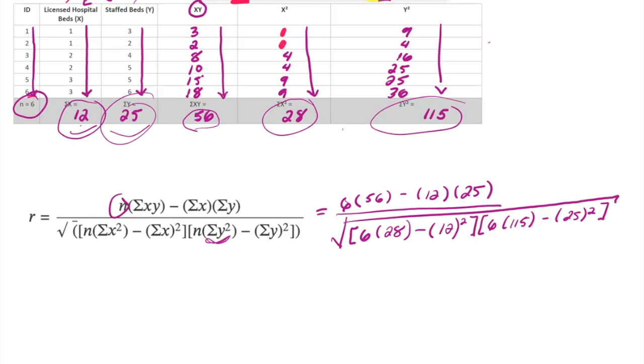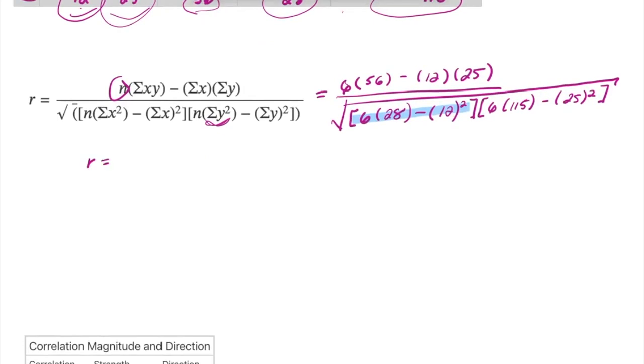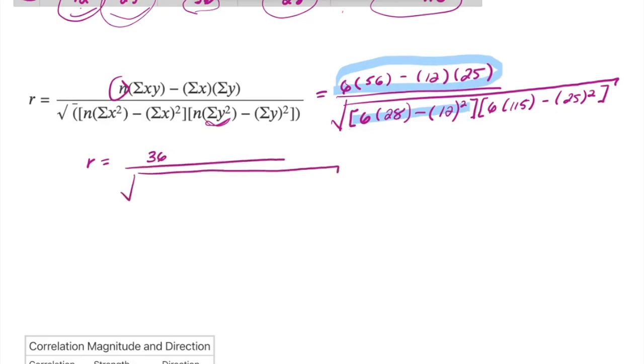So let's do this piece first, the bracket. R is going to be this piece, the numerator is 36. Giant square root. This piece that I highlighted is 24. Now let's do this one.